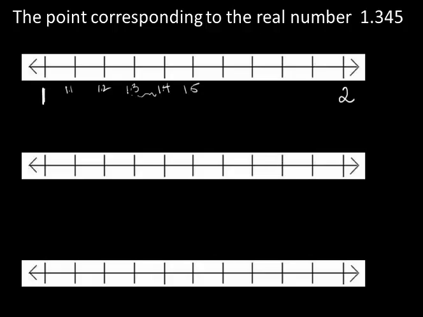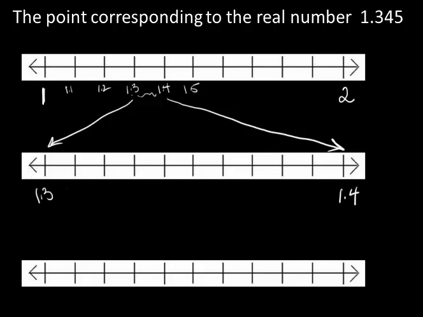So let's zoom out. We'll call this 1.3. We're just zooming in here and taking a closer look, and let's call this 1.4. And we have divided that into 10 little equal length sub-segments.